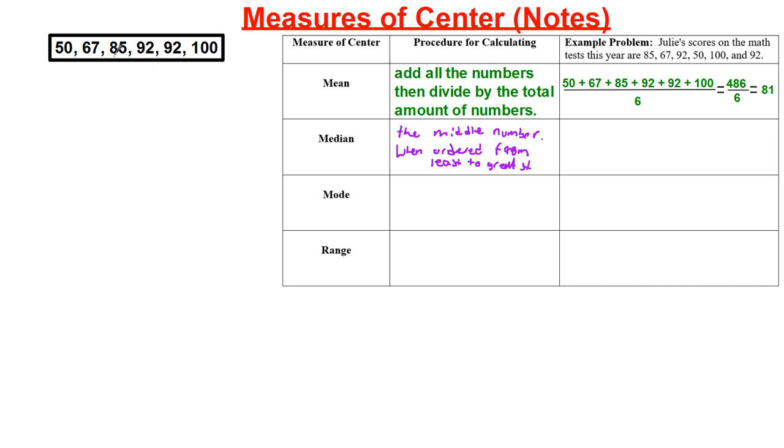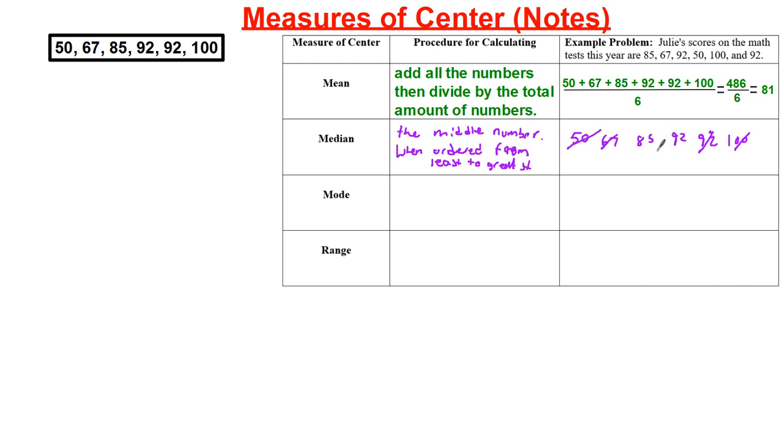As you can see over here, I'm going to order from least to greatest, and I'm going to find the middle number. But we have to do this a special way. We have 50, 67, 85, 92, 92, and 100. So I'm going to try to find the middle, so I'm going to cross this out, and as you can tell, I don't have one number in the middle.